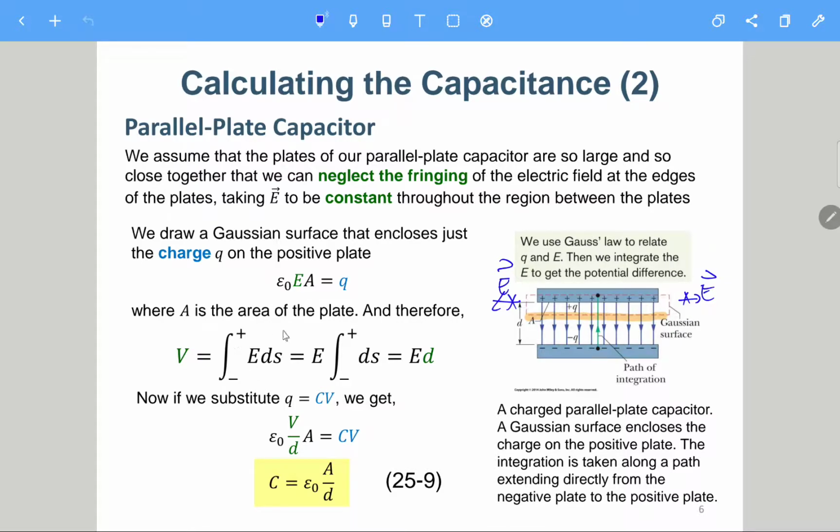And for this integral, we are still integrating a constant. So the integral of E dS is nothing but E times S, and d is the distance between this plate and that plate.